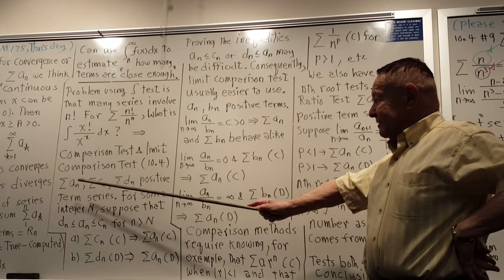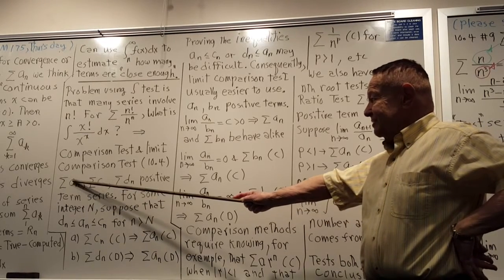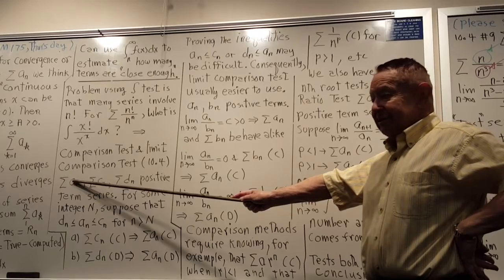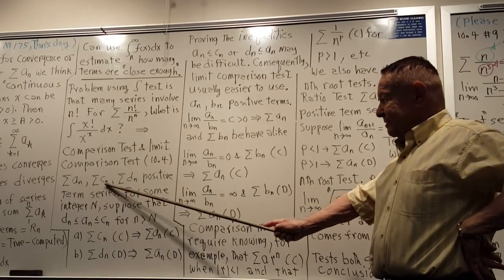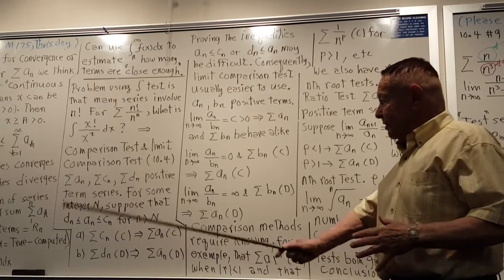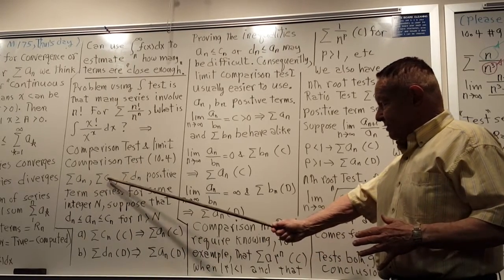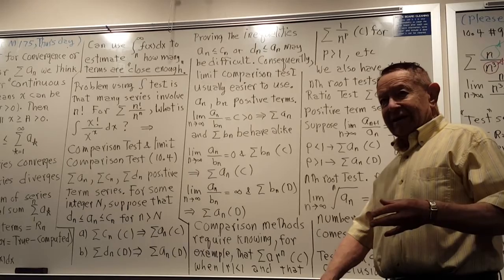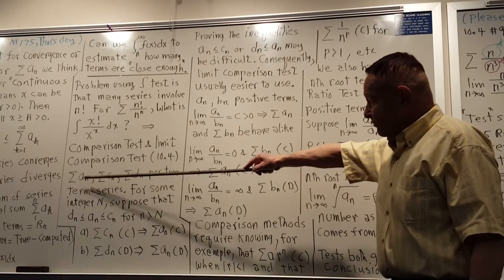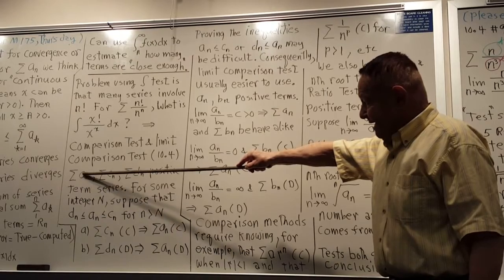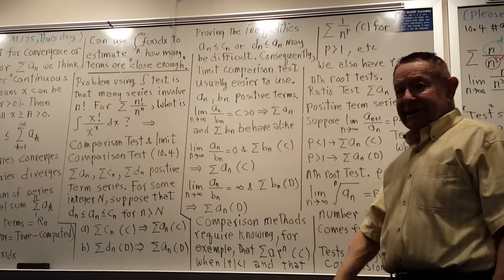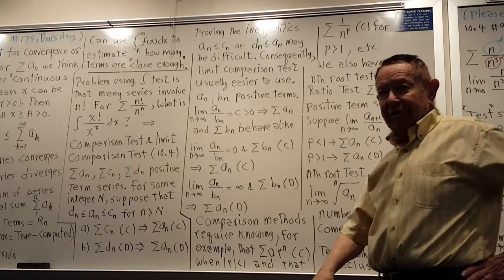If the series you're testing does converge, then you want to compare it with a series where you know the comparison series converges, and then prove that the terms a_n are less than or equal to c_n from some point on.